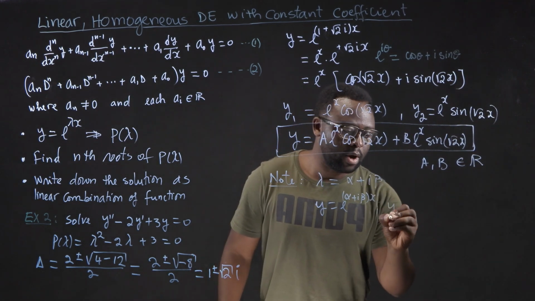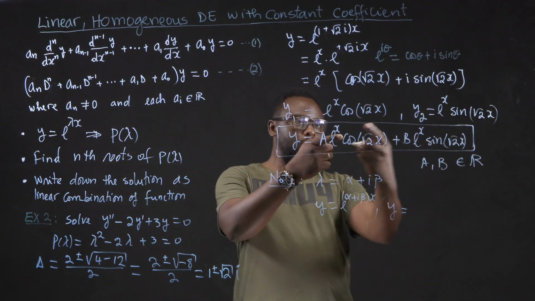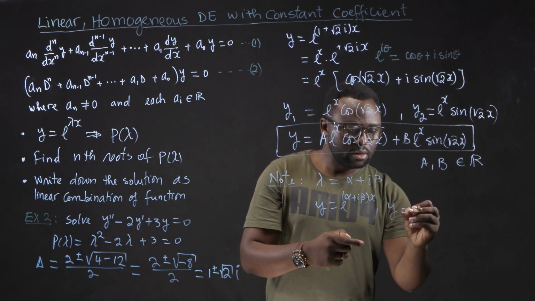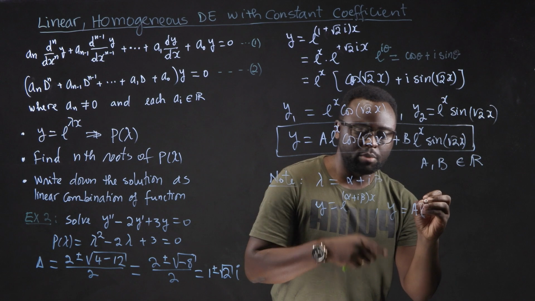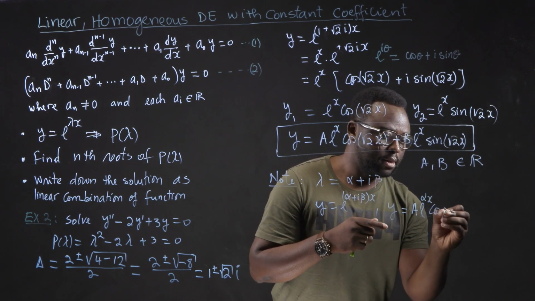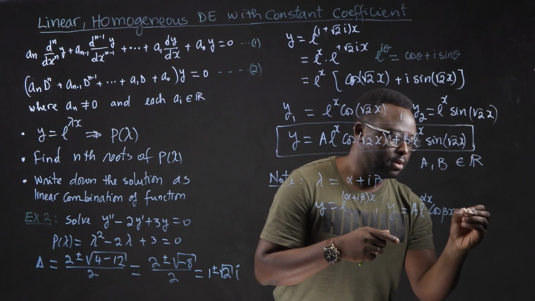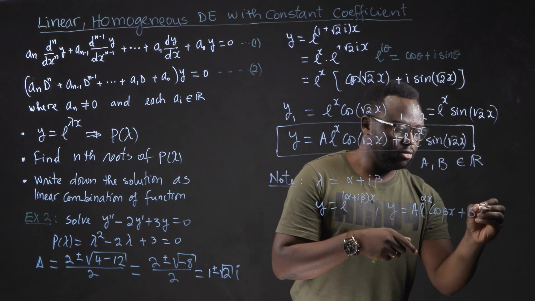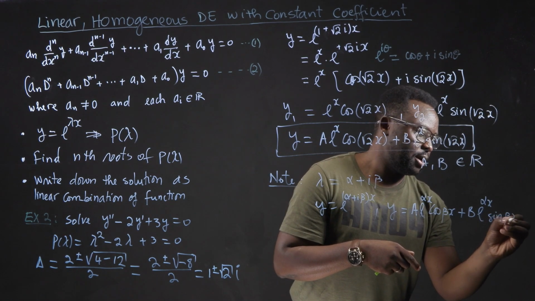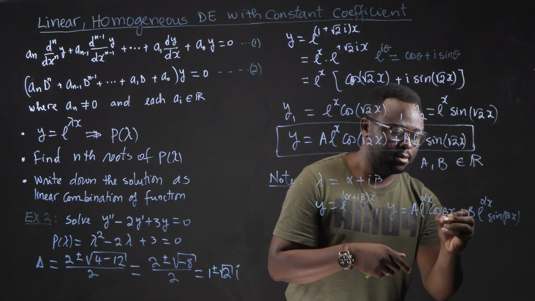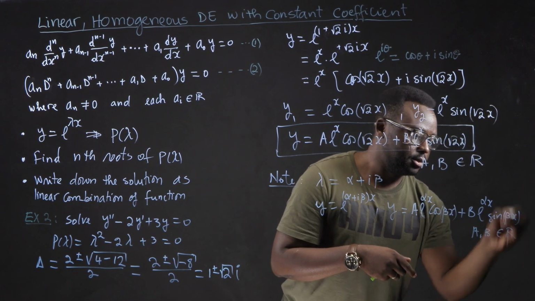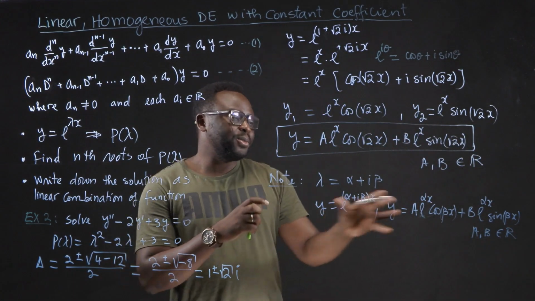So if we follow the same procedure, if we use this formula, this is y equal a e to the power alpha x cos beta x plus b times e to the power alpha x sine beta x, okay, with a and b real. All right, this is the general formula.